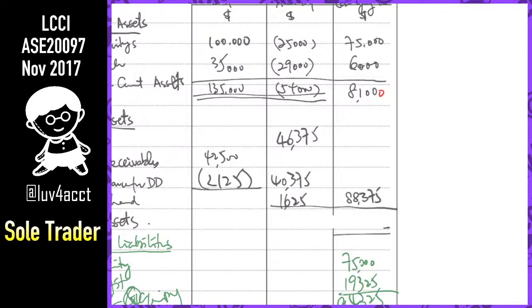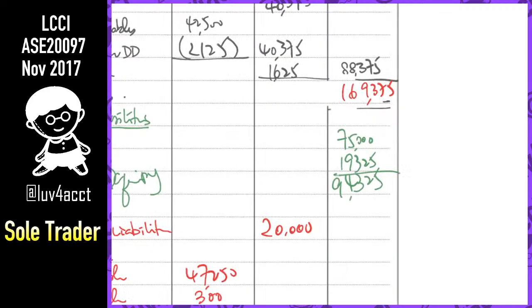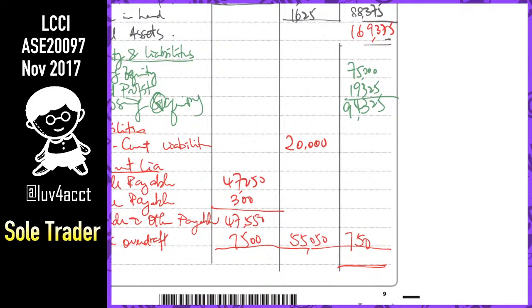Okay, 81 plus 337 is 169,375. Okay, again. Okay, done.